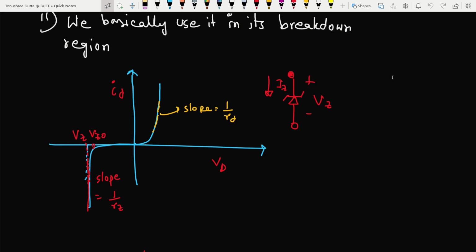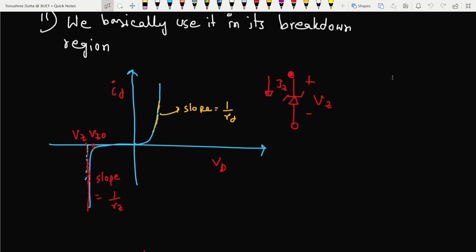As I was saying about the reverse region, its slope is quite high. It's almost a line parallel to the y-axis. As the slope is 1 by rz and the slope is high, rz must be pretty small.